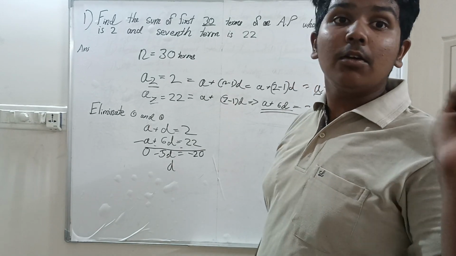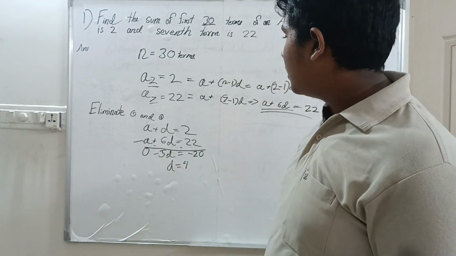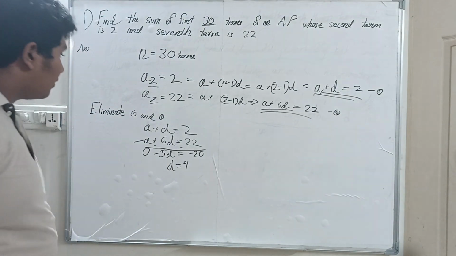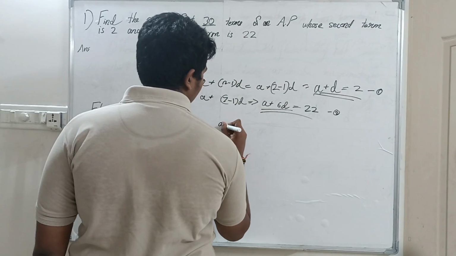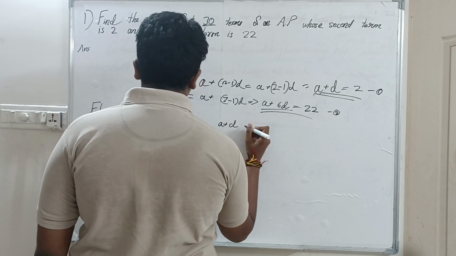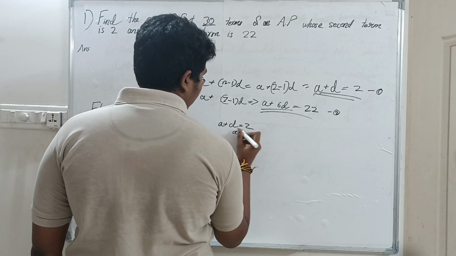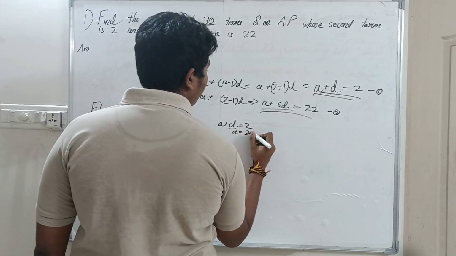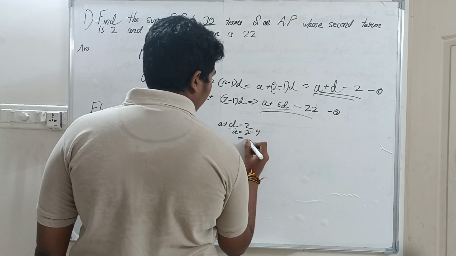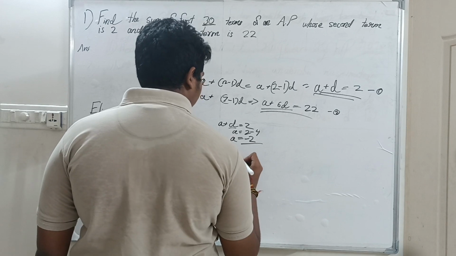What will be the answer? 4. Hence d is equal to 4. And if you substitute this in a plus d is equal to 2, since d is 4, a is equal to 2 minus 4, which will be minus 2. Hence we found a and d.